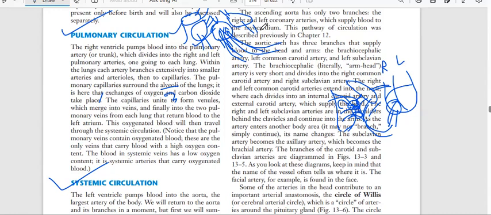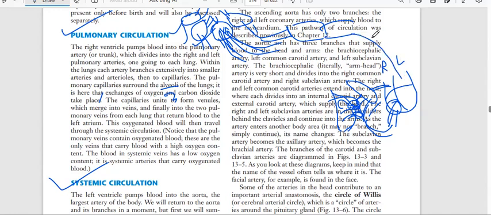The capillaries will give the deoxygenated blood and take the oxygenated blood from here. So it is attached to the venules. From venules to veins, veins to pulmonary vein.